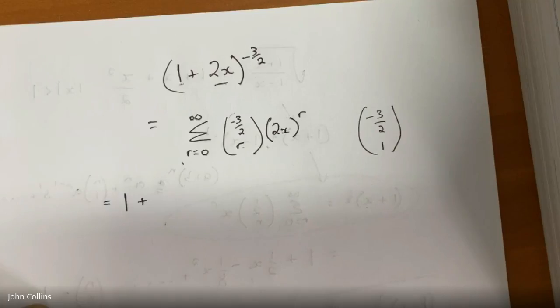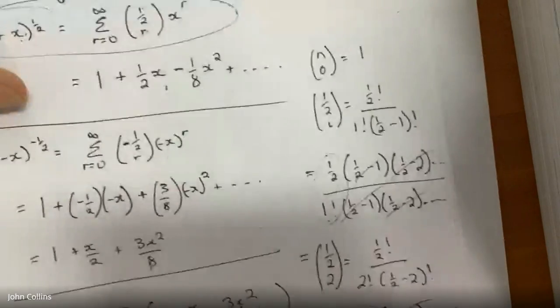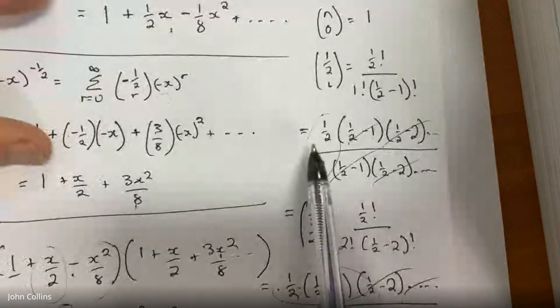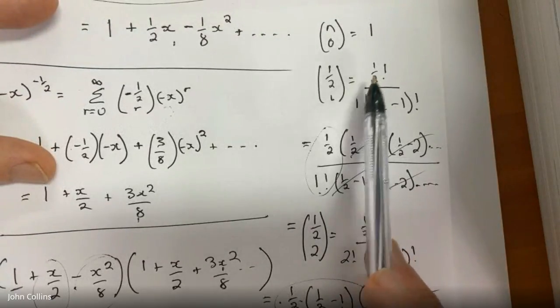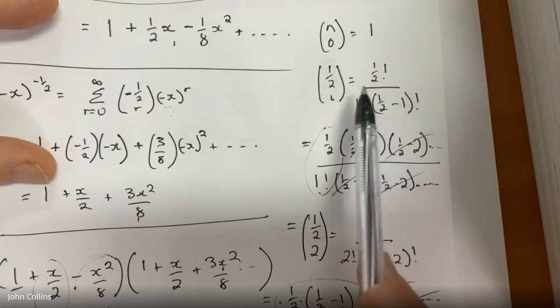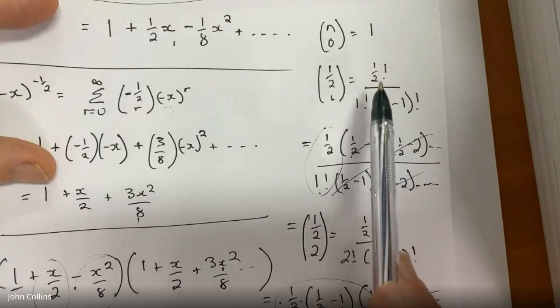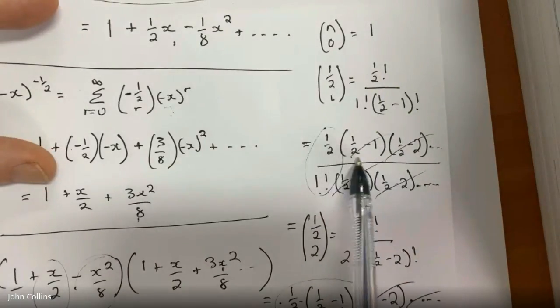The same as the one before, where you do the factorial stuff? Exactly, yeah. So you'd use that factorial. I'm not going to do it all out because you could just replace, what is it, minus 3 over 2 here with a half. And then what we end up with is minus 3 over 2 take away.